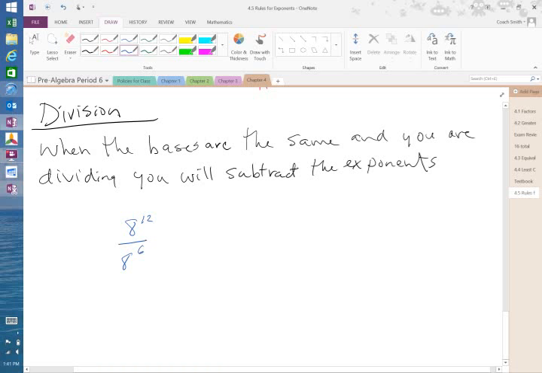Okay? Are the bases the same? Yes. So that would mean I would take 8 and take 12 minus 6. Okay, 12 minus 6 is 6, so that would be 8 to the 6th power.